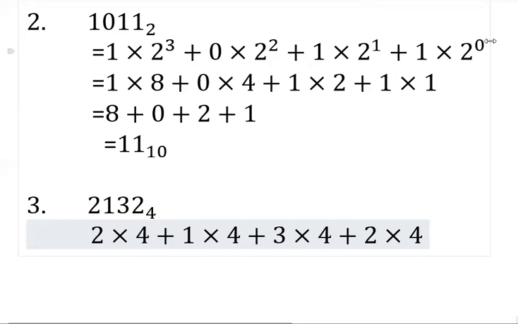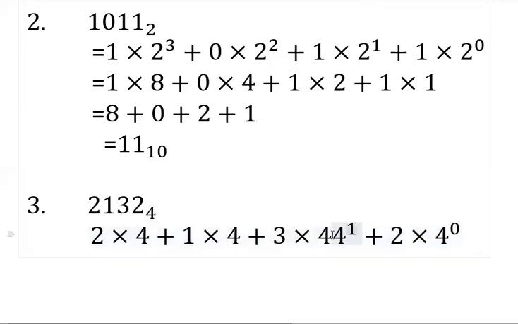So let's get this as a template. So it's now going to be 4 raised to power 0. Awesome. The next one will now be 4 raised to power 1. Awesome.